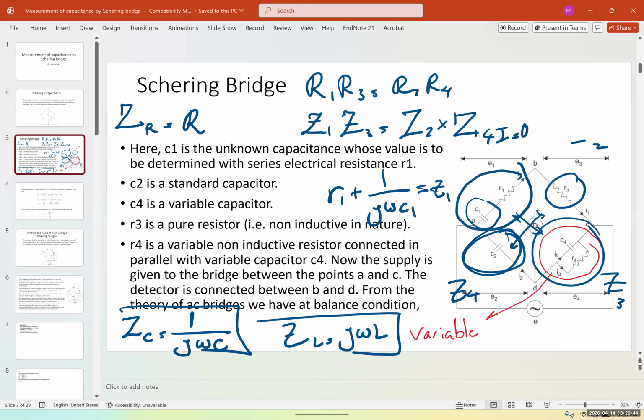Why? Because if I multiply this by this, it's going to be R3 times Z2, and Z2 is 1 over j omega C. So it's going to be R3 over 1, j omega C2.